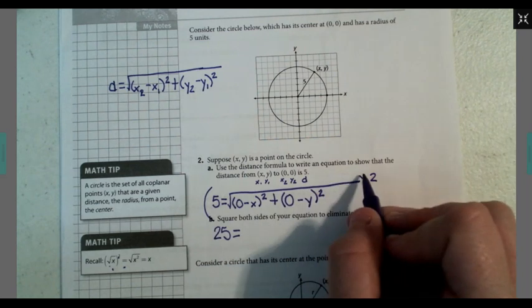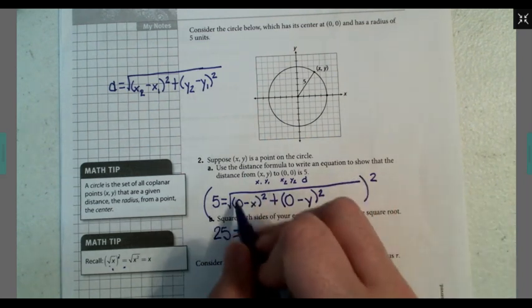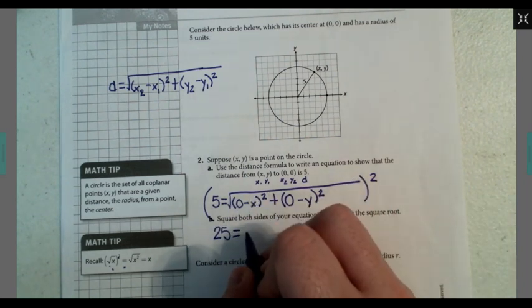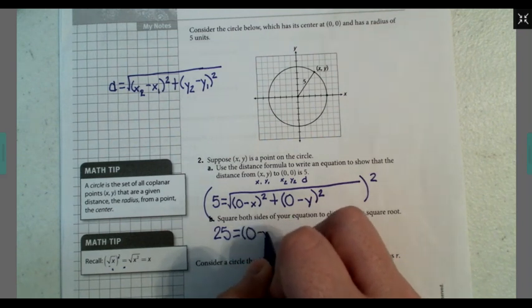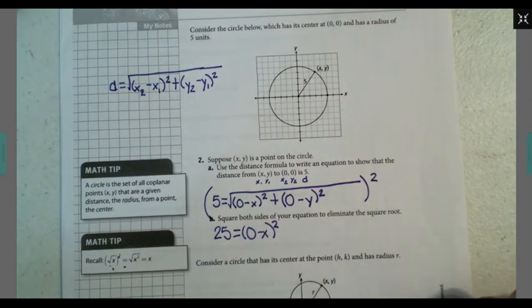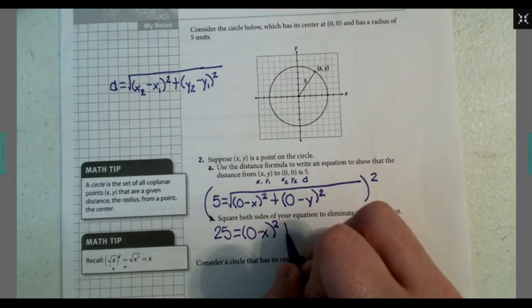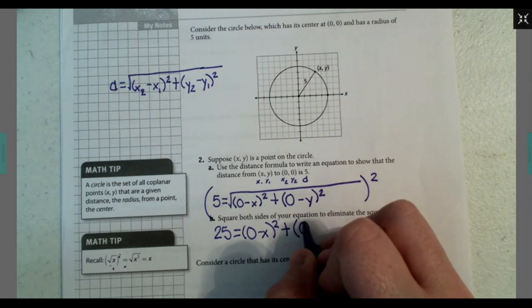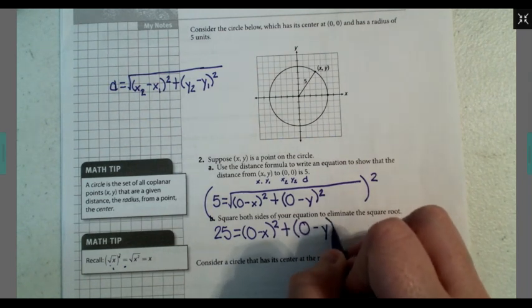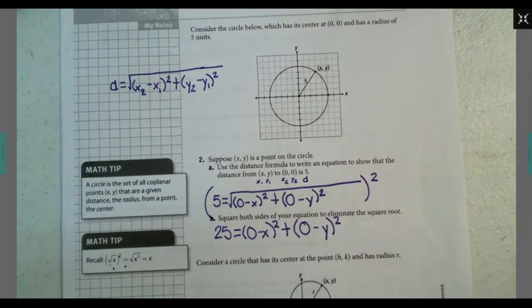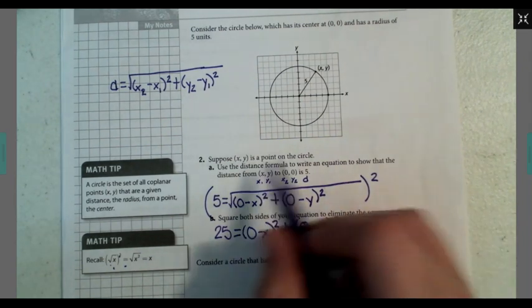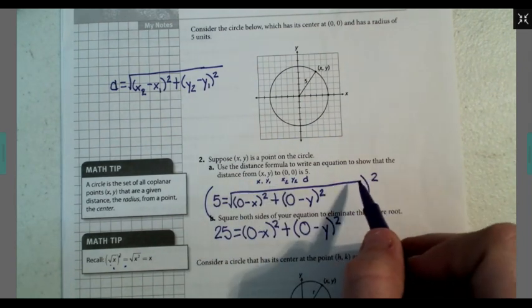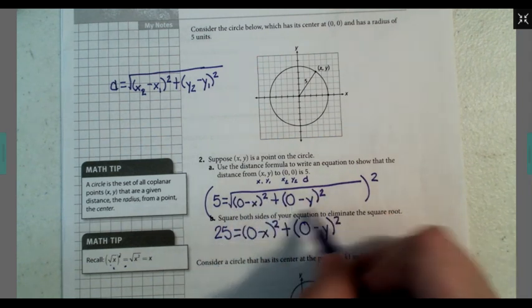The square root of this is going to be 0 minus x to the second power plus 0 minus y to the second power, because we're squaring the square root. So the square root goes away, and all that's left was what was already there.